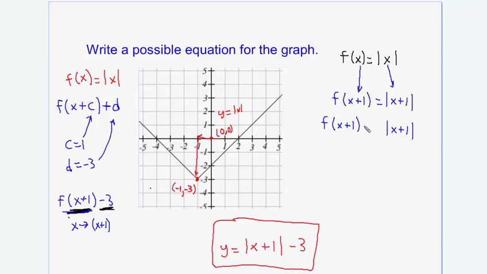So if I want a minus 3 here, if you do it to the left-hand side, you'd have to do it to the right-hand side. So you can think of this as if C is 1 and D came out to be minus 3. Performing exactly what that notation means to do with the original equation gives me this equation. And graphing that equation does indeed give me the graph that was originally posed in the question.